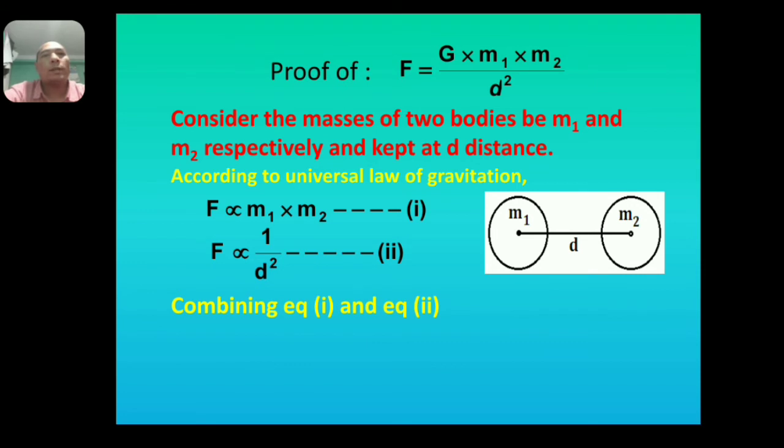Combining equation 1 and equation 2, F is proportional to M1 into M2 upon D square.